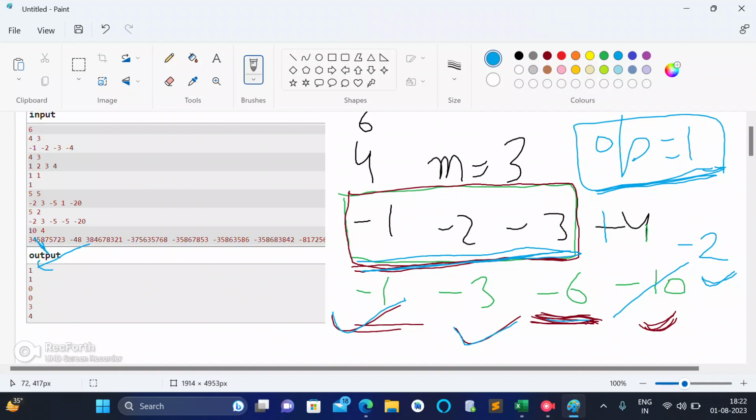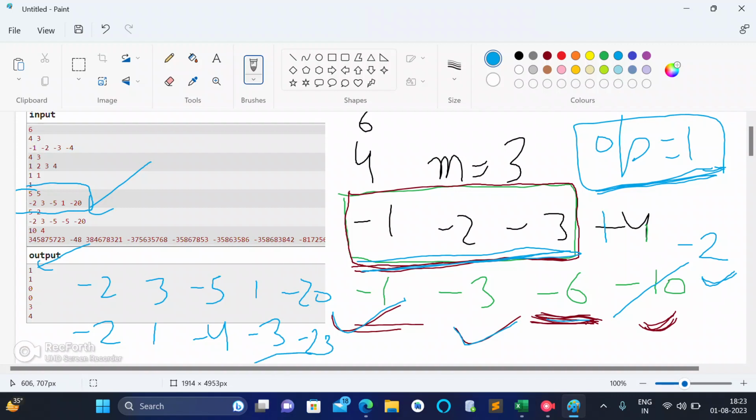In the fourth test case, let's find the prefix sums. In this test case we are given m equal to 5 and there are 5 numbers: -2, 3, -5, 1, -20. The prefix sums would be -2, then -2 plus 3 is 1, then -4, then -3, then -23.